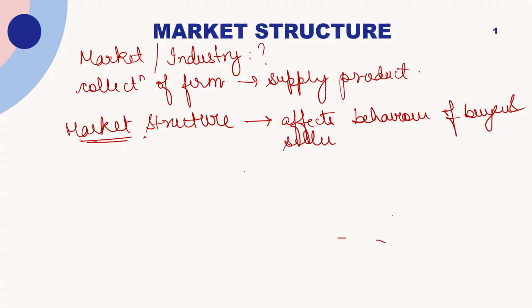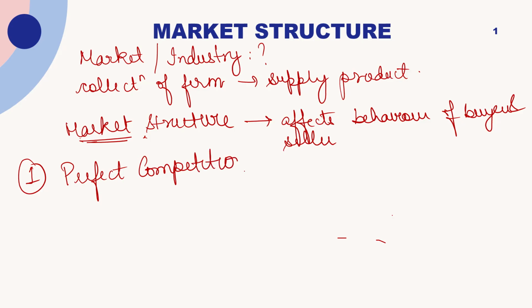So let's start with perfect competition. This is our first topic in this unit. So what is perfect competition? I'll not be writing about it, I'll be explaining it. Perfect competition means no market power. That is, they are price takers.